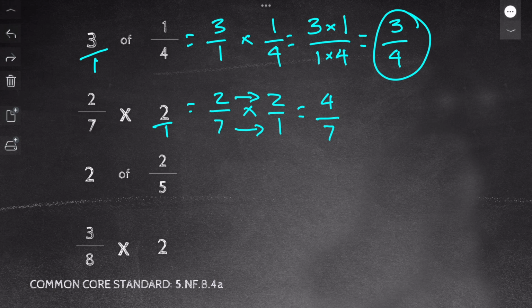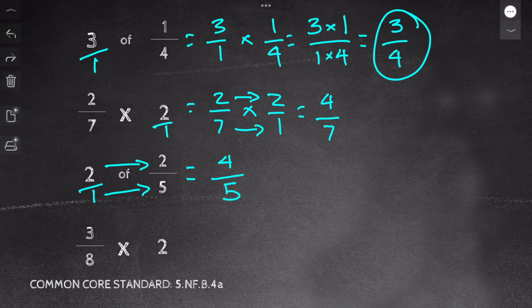For my next problem, I have 2 of 2/5. I'm going to change my whole number into an improper fraction, and then I'm going to multiply straight across. 2 times 2 equals 4, and 1 times 5 equals 5. I have 4/5. And finally, I have 3/8 times 2.